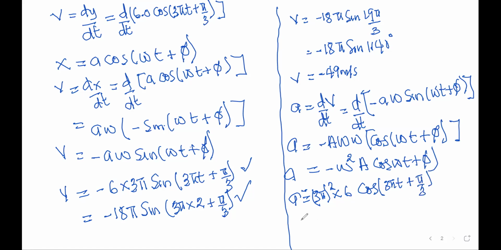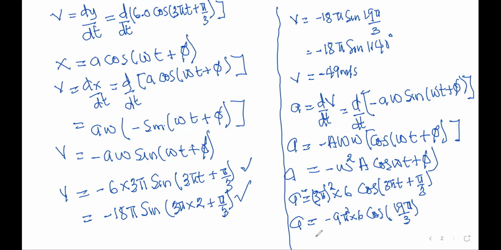So substitute, we are looking for the acceleration at time that. So minus 9 pi squared times 6 cos of the same, 19 pi over 3. The phase angle will not change.